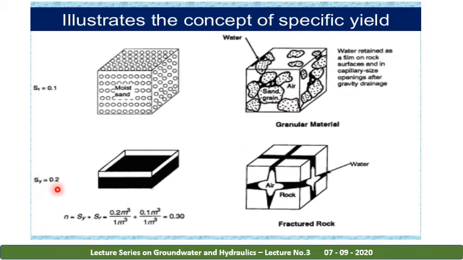In specific yield, you can see in this particular material, rock and water will be there. In fractured rock, you will be having a higher percentage of water deposition. That's why porosity can be written as n equals specific yield plus specific retention.